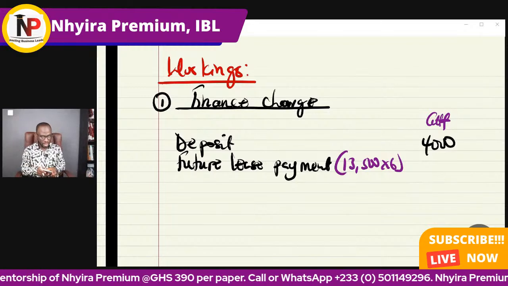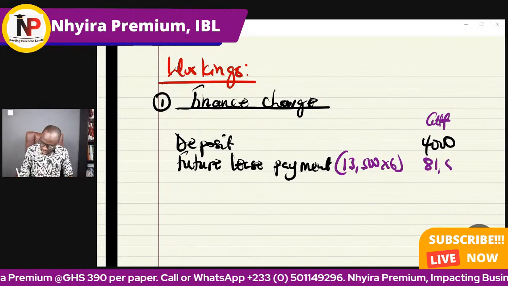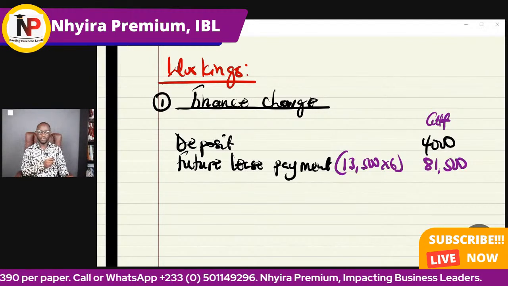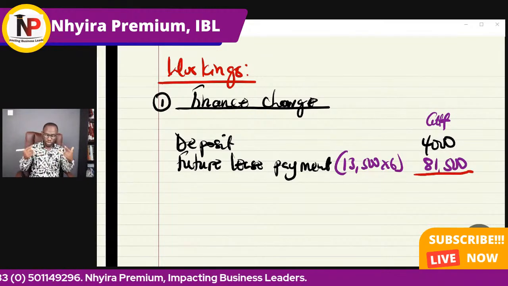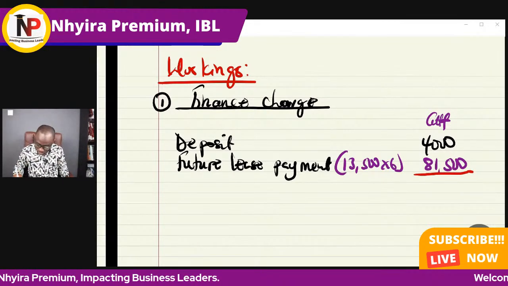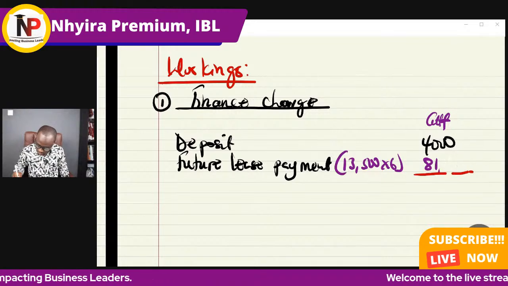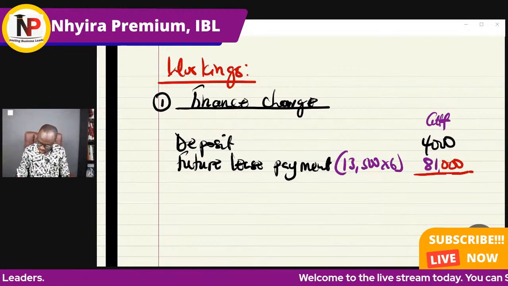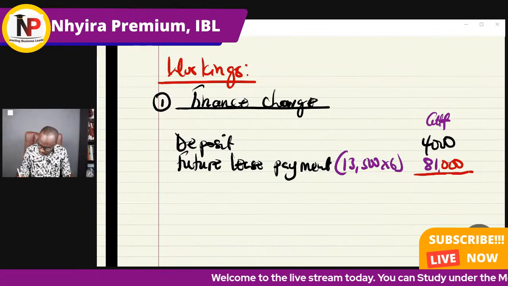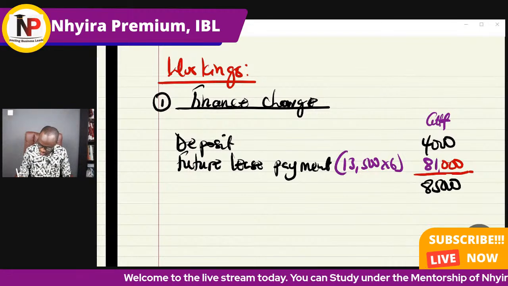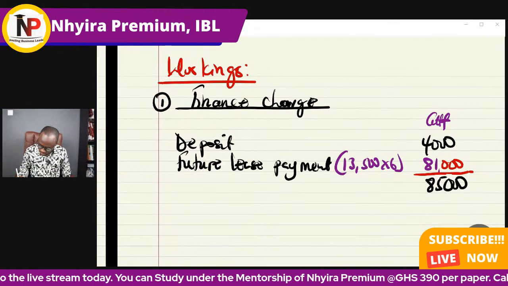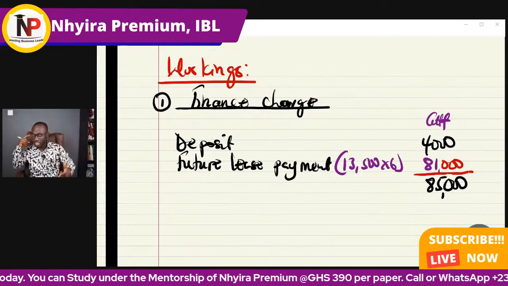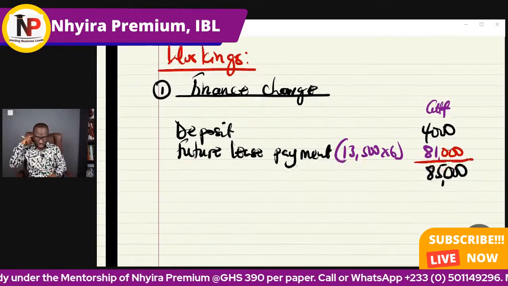So we multiply that up, and that gives us 81,000, not 81,500. So when we add that up, it gives us 85,000 Ghana cedis. So meaning that for the property, the entity is paying 85,000 Ghana cedis.